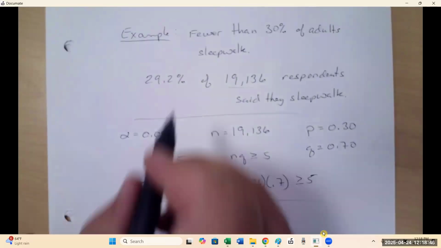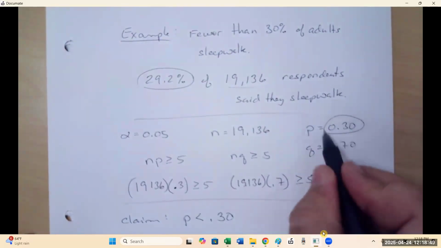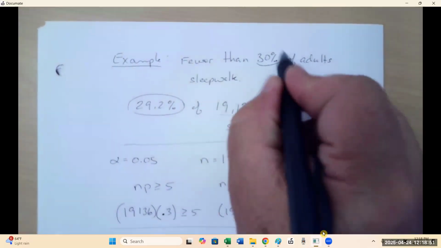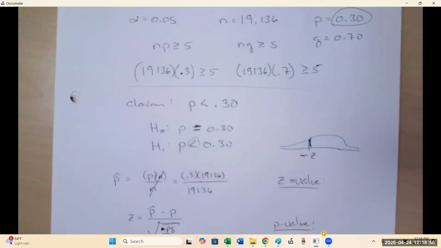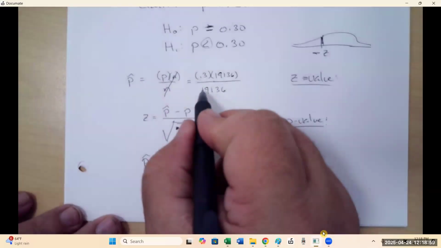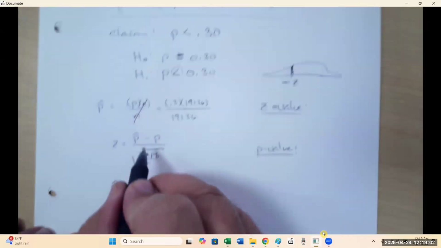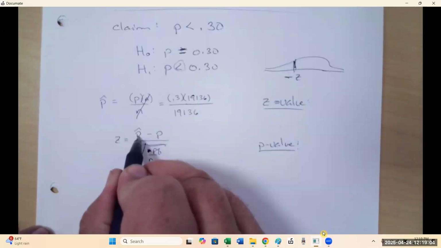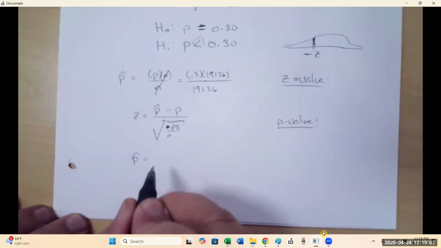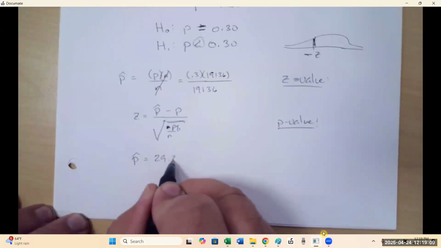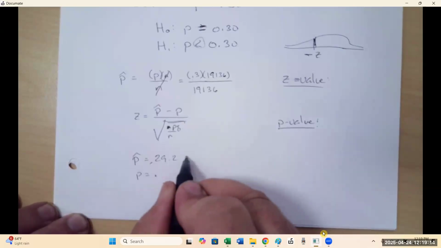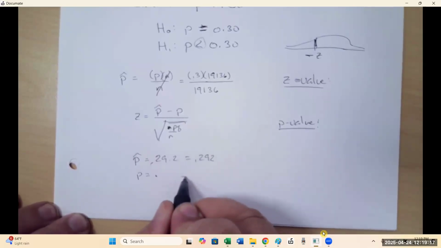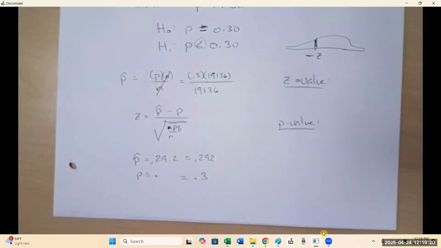So we have two numbers that we have to deal with. Since we're dealing with a one-tail left test, our Z value has to be negative. So because of that, P has to be bigger than P hat. So P hat has to be the smaller one, and P has to be the bigger one. That was a percent, right, it's a proportion.